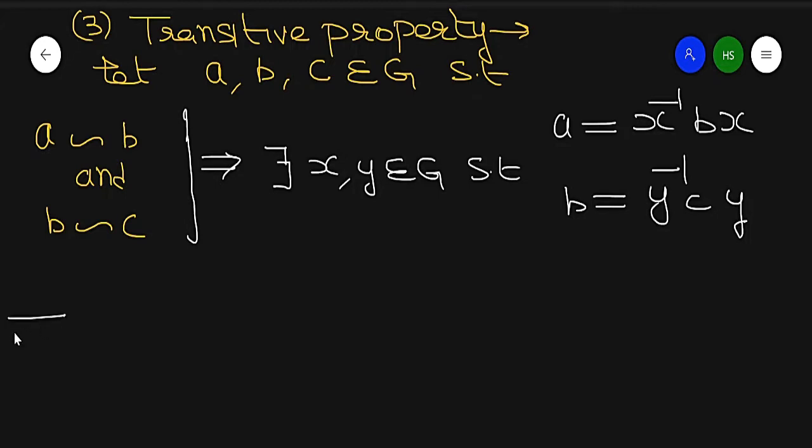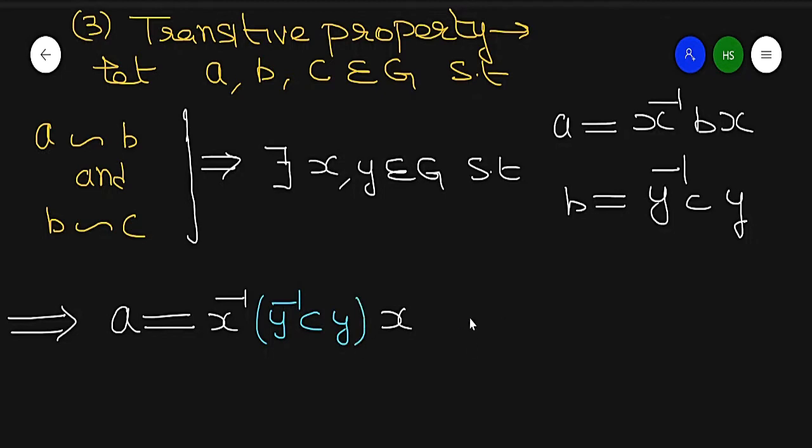So A can be written as X inverse, and the value of B is Y inverse into C into Y, and then X. Using this property, this is X inverse Y inverse C into YX.